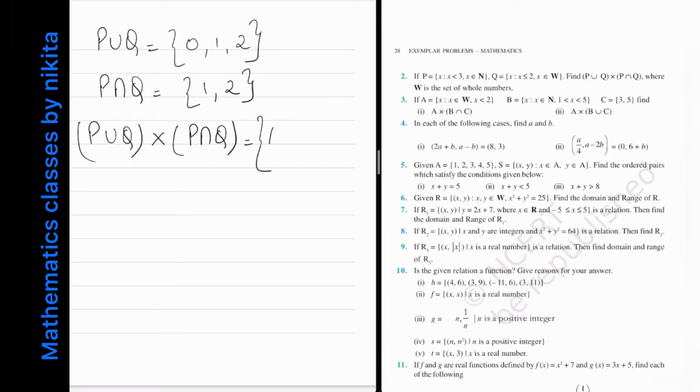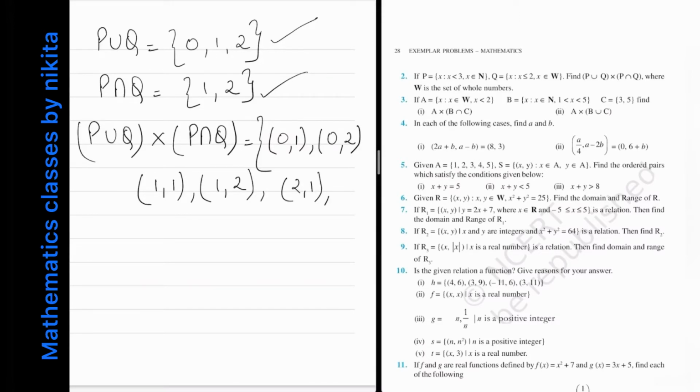In each ordered pair, the first element is coming from P union Q and the second element is coming from P intersection Q. So this set becomes (0, 1), (0, 2), (1, 1), (1, 2), (2, 1) and (2, 2). You can see that it has 6 elements. So this is your question number 2. Now let's see question number 3.